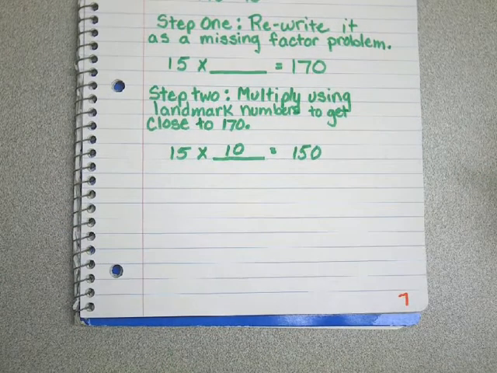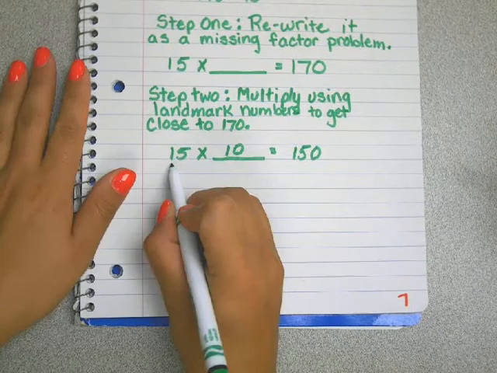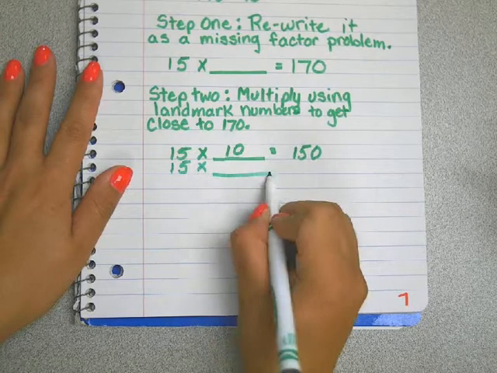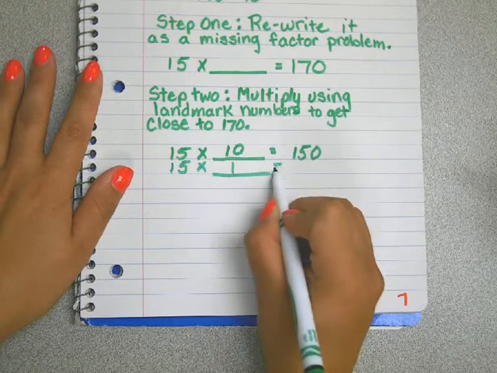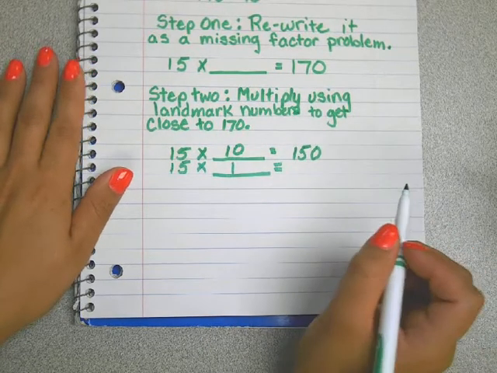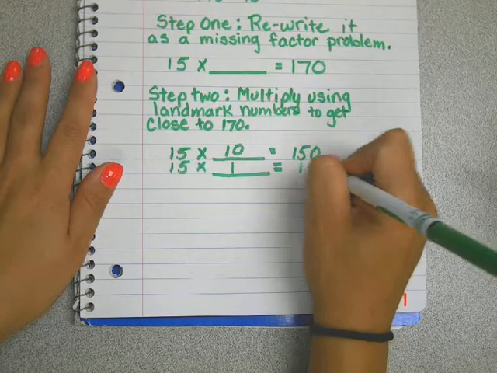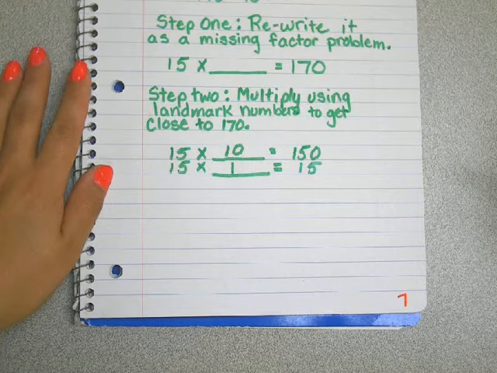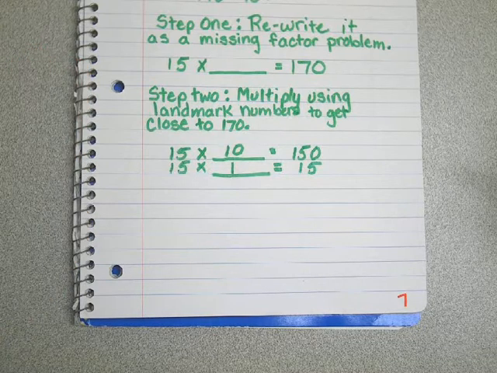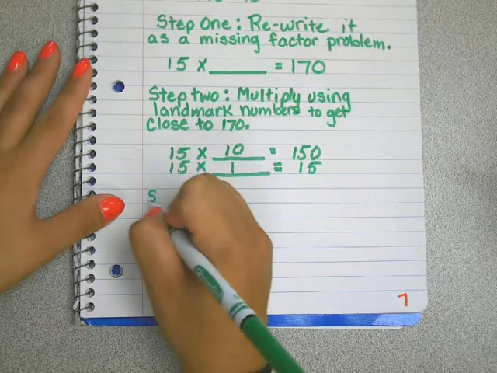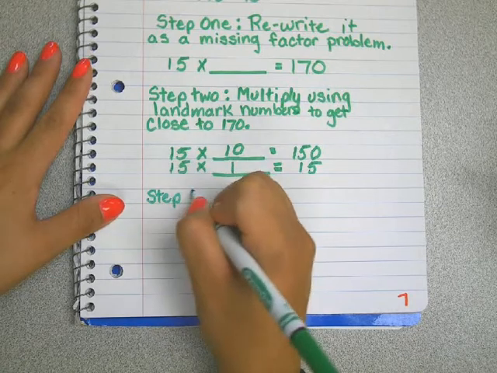Yeah, so we're going to do one more group of 15. Everybody, what is 15 times 1? 15. What is my next step? Sydney. To add 150 plus 15.